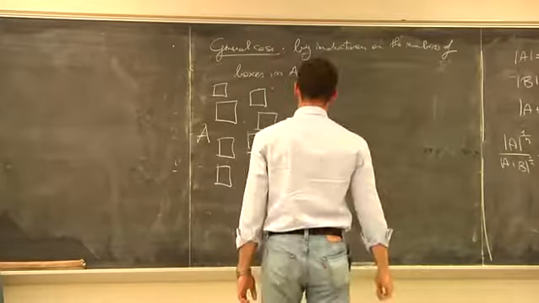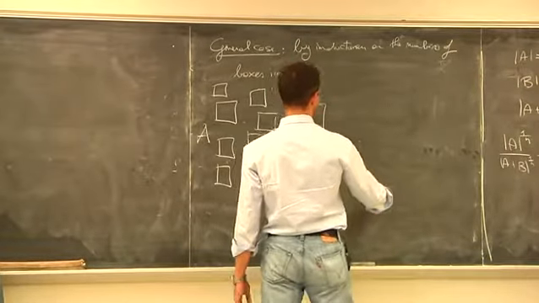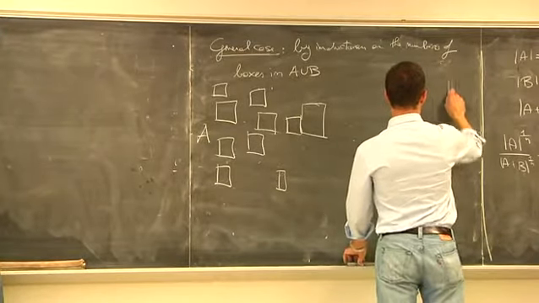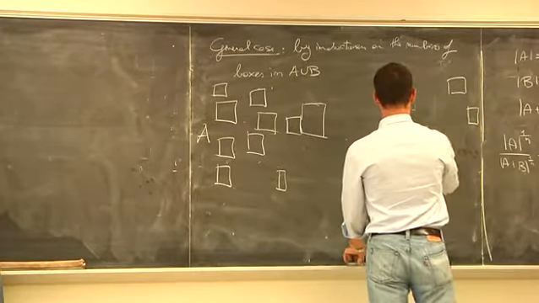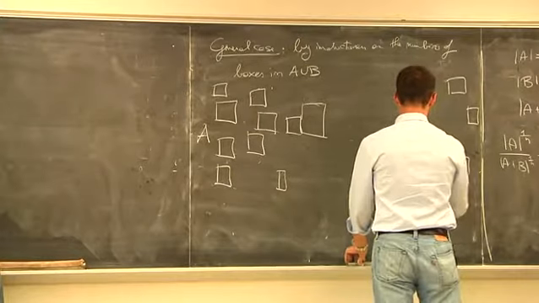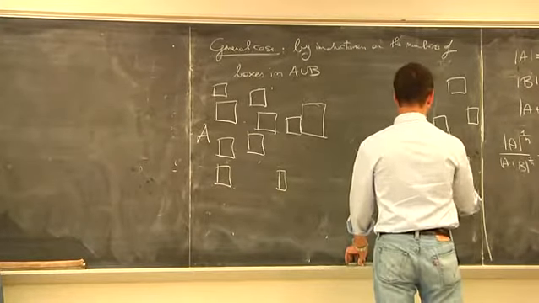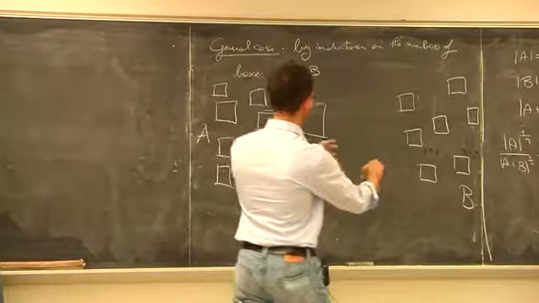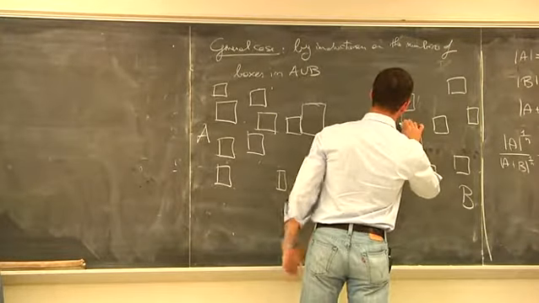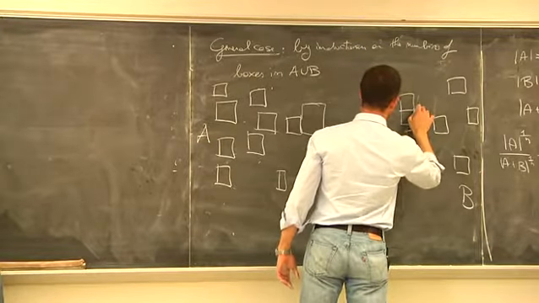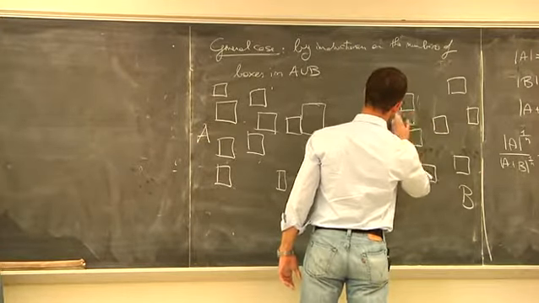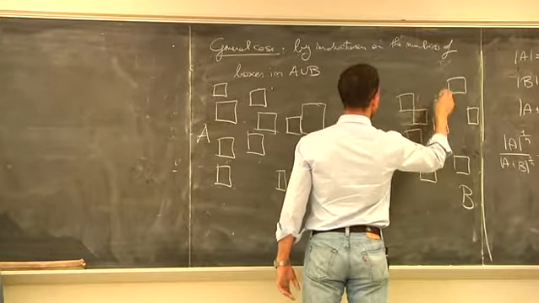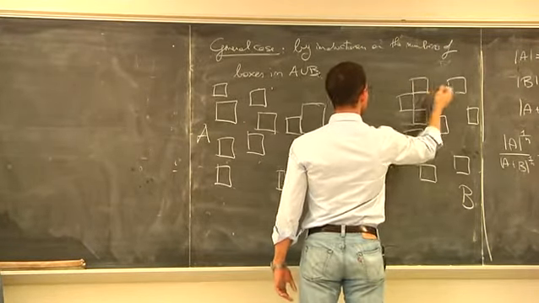And then you have B, which is somewhere else. So this is my B, which is another union of boxes. Of course, maybe at the end your sets are going to be packed at some moment, the boxes. Some are full.